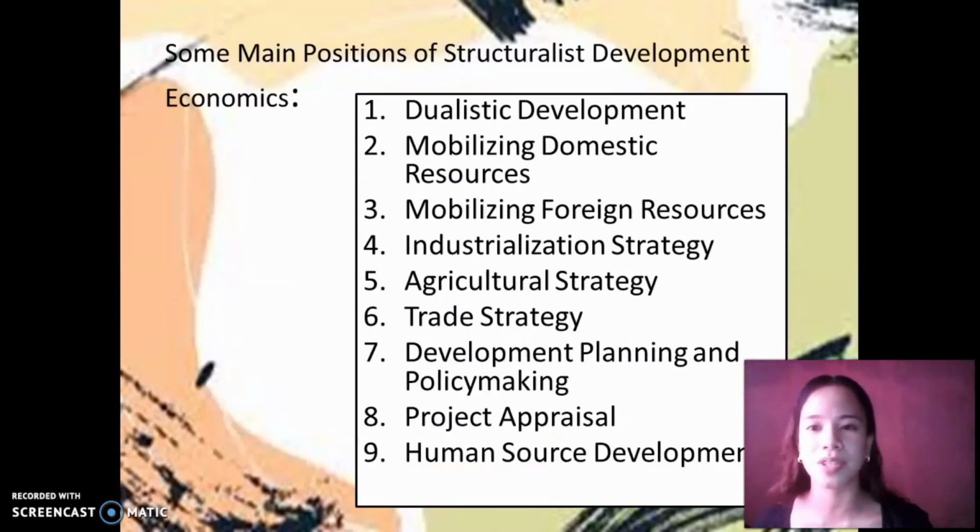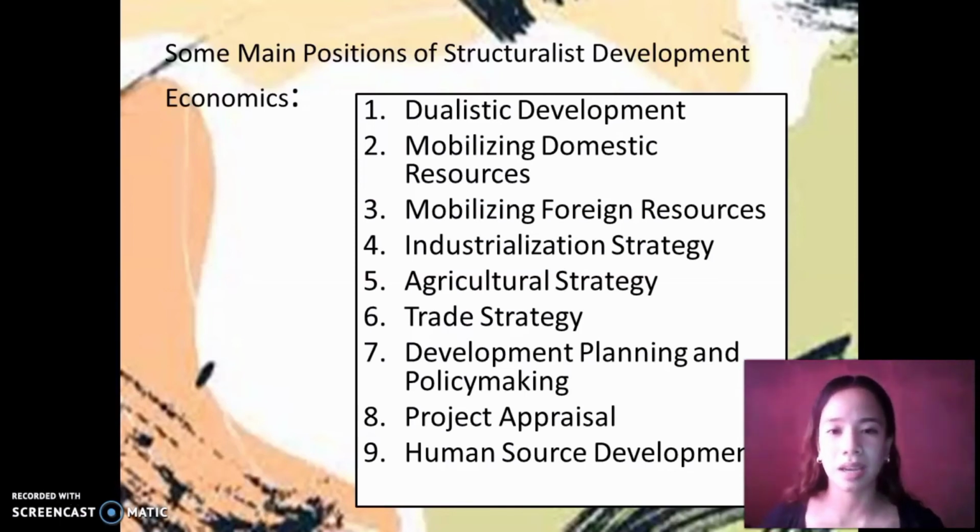So here are some main positions of structuralist development economics. So first is the dualistic development. When we say dualistic development, it is the idea that a modern commercial sector developed alongside a traditional subsistence sector, resulting in a dual economy in poor countries.